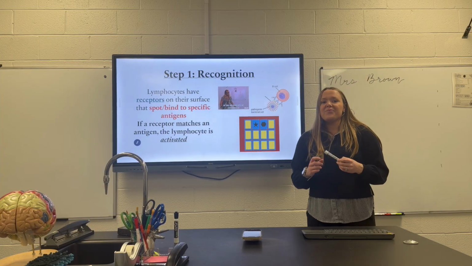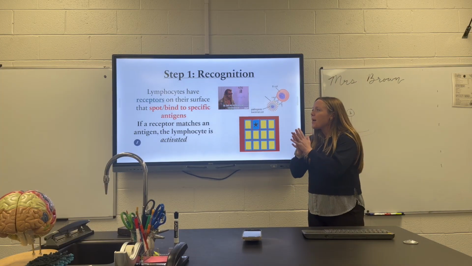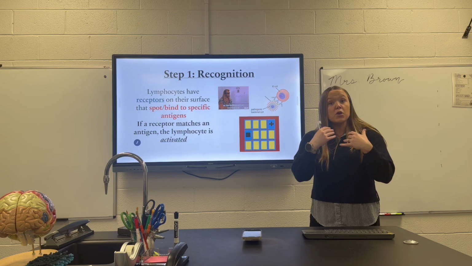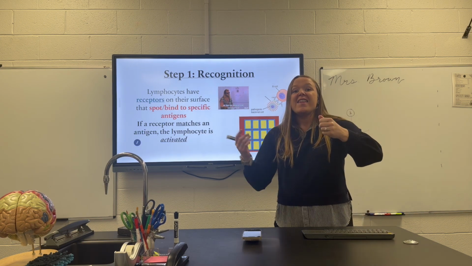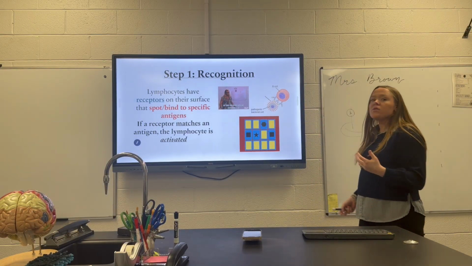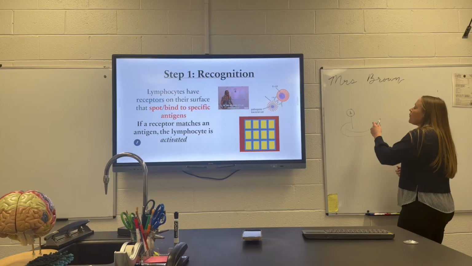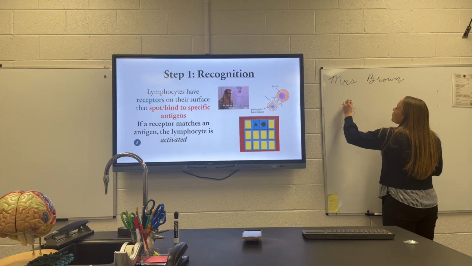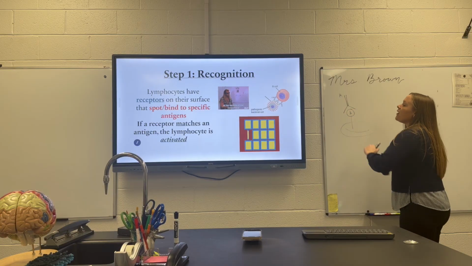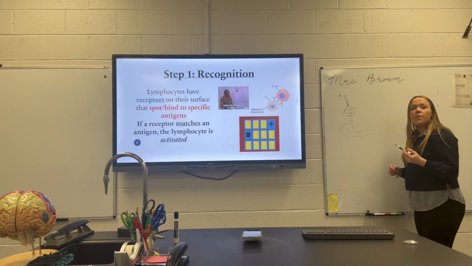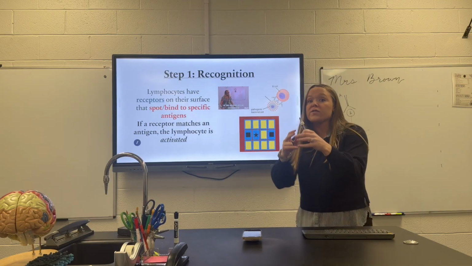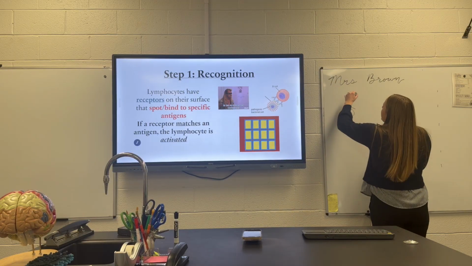And like we said, lymphocytes have receptors on their surface. So the lymphocyte itself, the immune cell, has a receptor that binds to a specific antigen. So it's almost like an antibody in that way. Remember, we said that we have like blood typing antibodies. So this one is an A, so it can connect to an A. It's almost like an antibody is specific to an antigen, but now the lymphocytes themselves have a receptor on it.